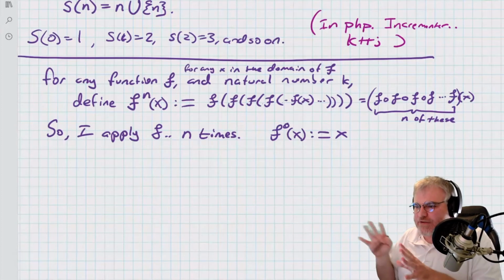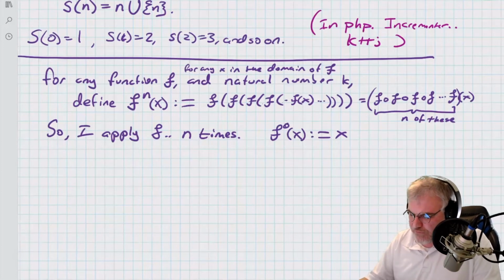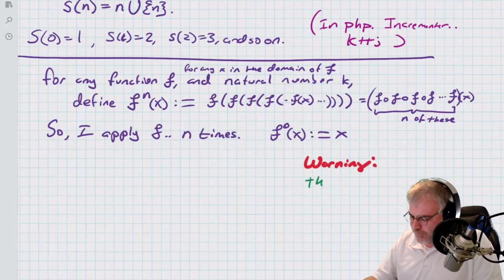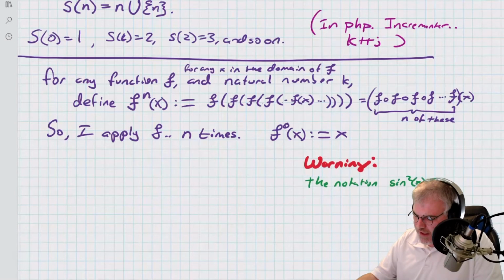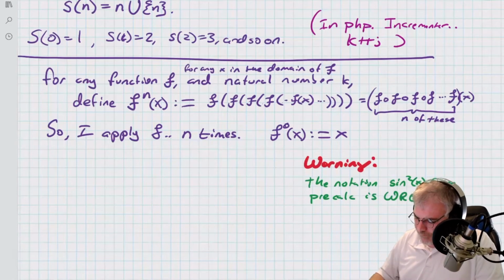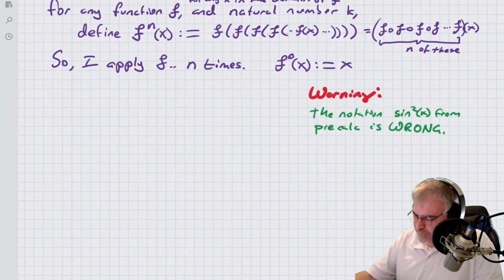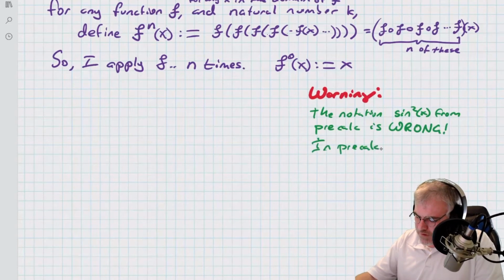One of the things that I absolutely hate, warning, this is different. The notation sine squared of x from precalc is wrong. In precalc, sine squared of x equals sine of x times sine of x.